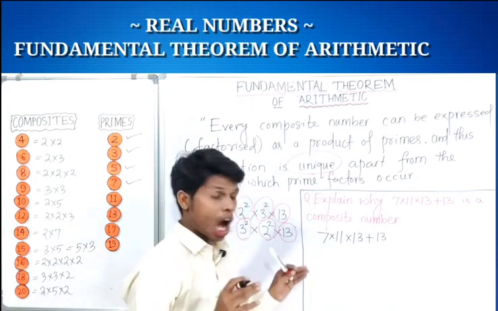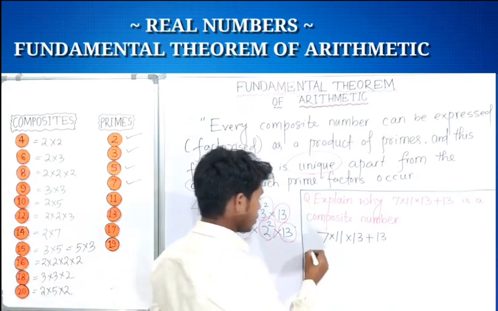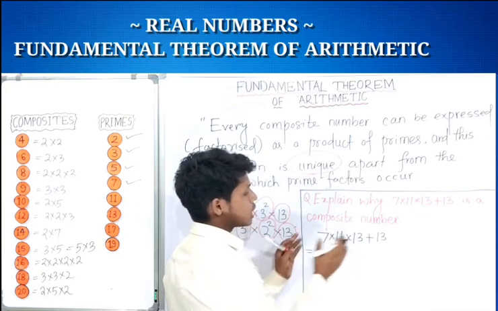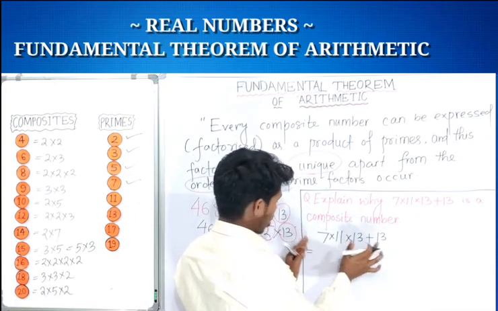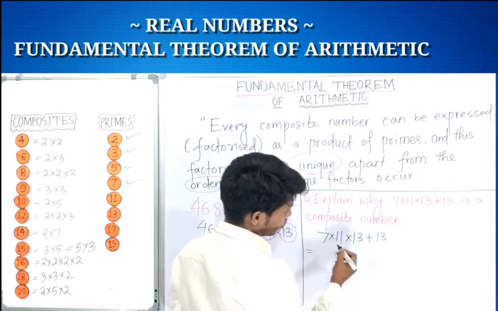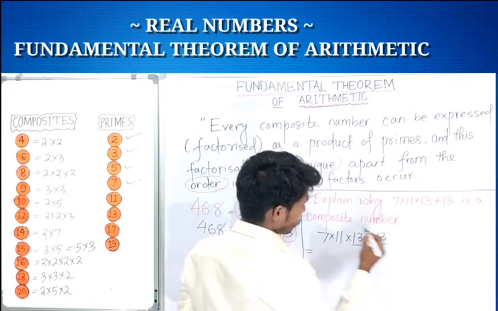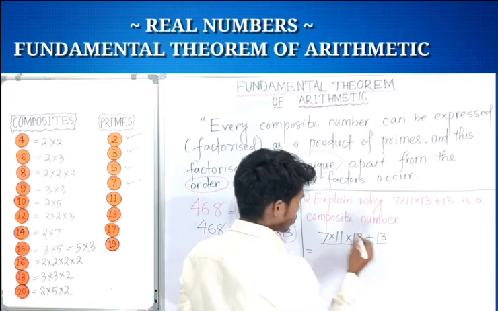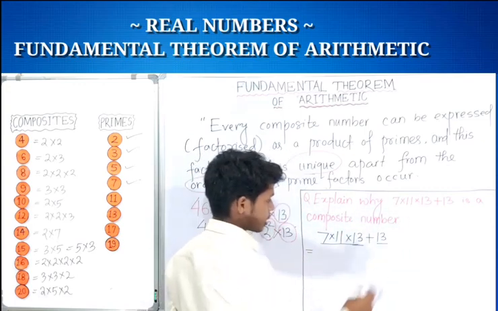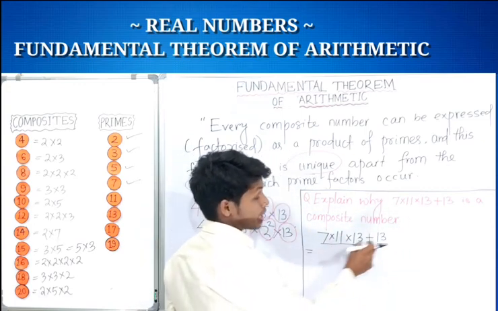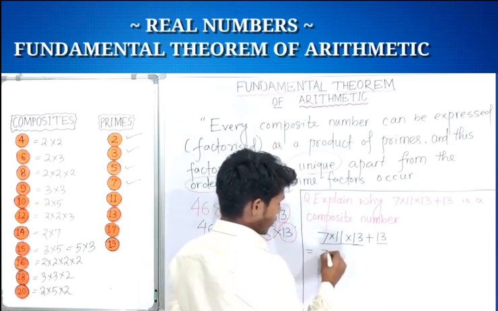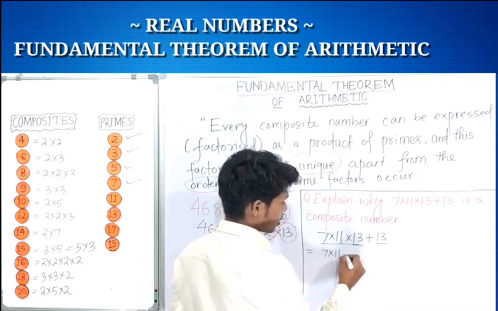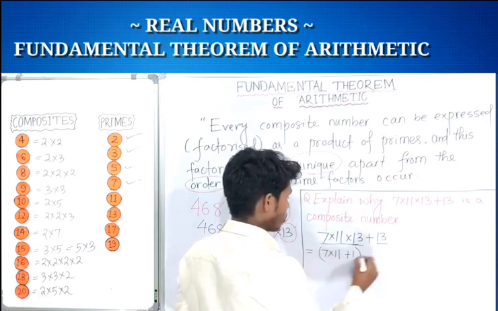So now let's see how we can solve this. At first, what will you do? We will try to eliminate this plus sign. We can see there are two terms: 7 into 11 into 13 is one term and 13 is another term. So we can take 13 common. We will get 7 into 11 plus 1, whole, into 13.